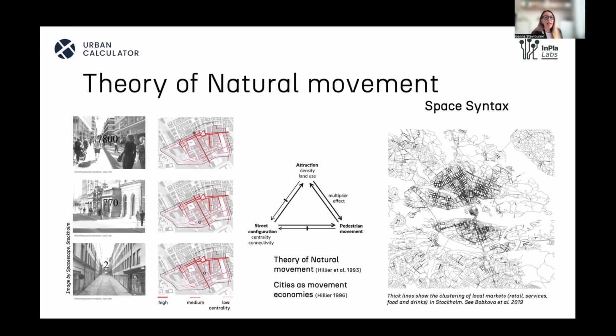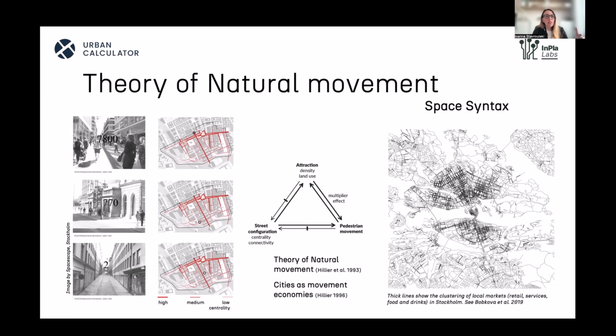These new densities, attractions, land uses can attract even more people in these locations in a kind of multiplier effect. So all these three components, street configuration, attraction, density, and land use, are very much related, intertwined, primarily because of the pedestrian movement that they are related to.